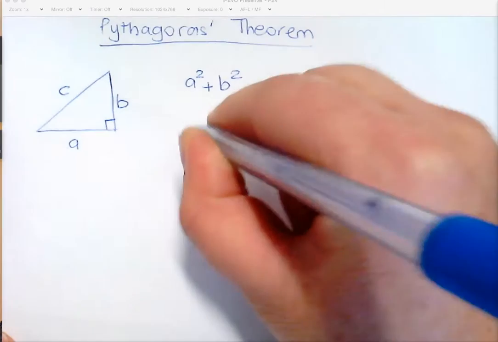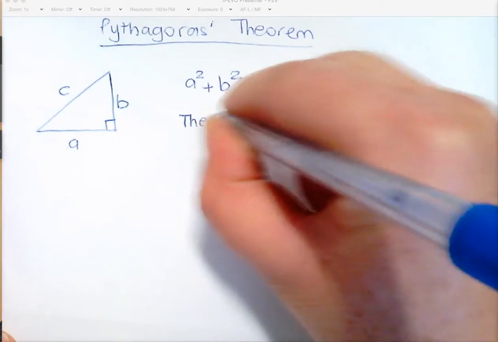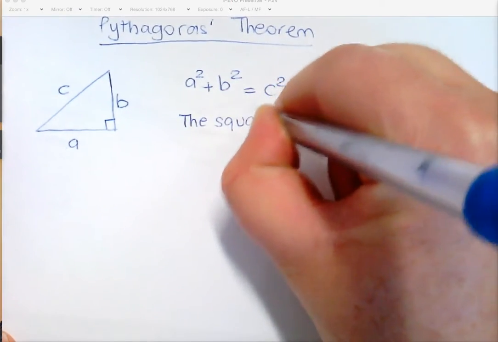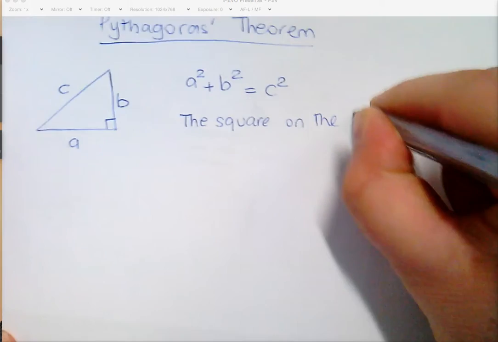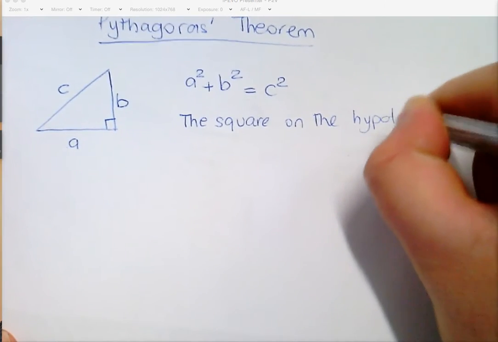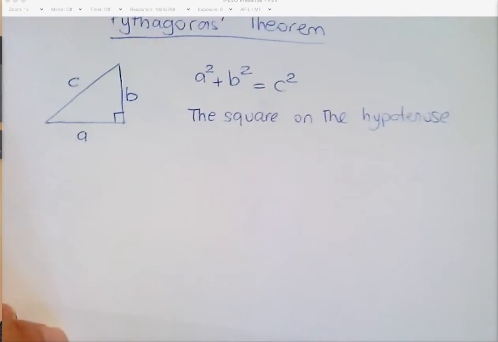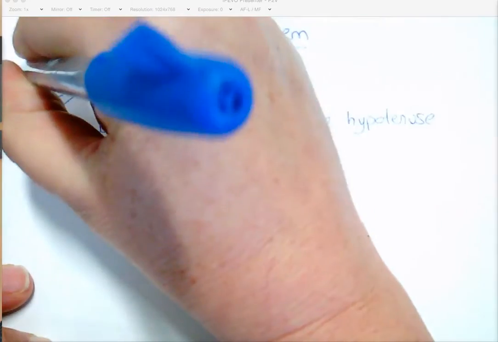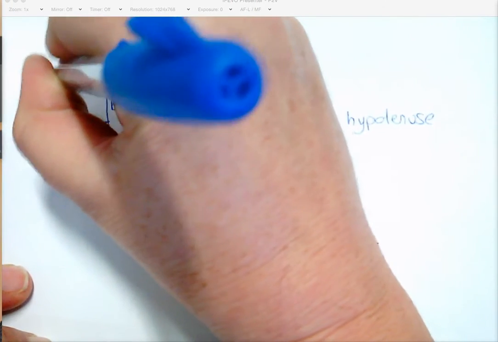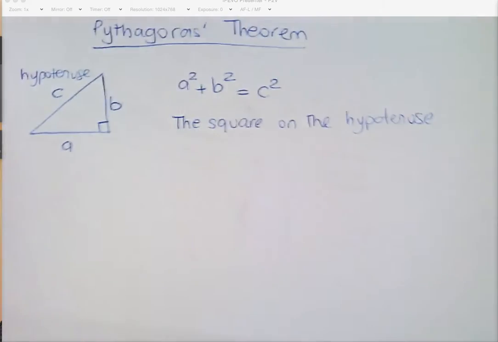Now I can write that in words. So we write the square on the hypotenuse. Now girls, do you know which one's the hypotenuse? Yeah, this is the longest side. It's the hypotenuse. So this is Pythagoras' theorem.